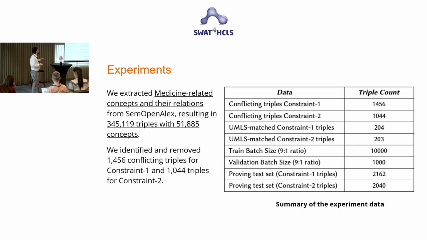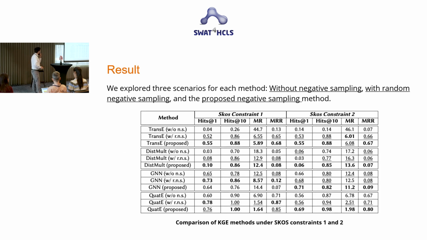And then, as I said, we have an external validation set, but we also try to do normal link prediction, which means basically you remove some of the links in the knowledge graph and you try to predict them. It doesn't matter if the relation is correct or incorrect, but we call it a proving test. So if you don't care about which link is correct, and you do remove some links from the knowledge graph, you could basically try different sampling strategies, negative sampling strategies.